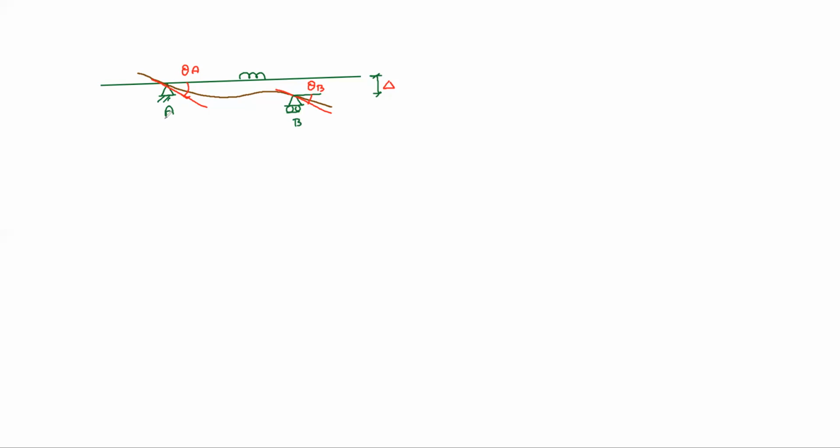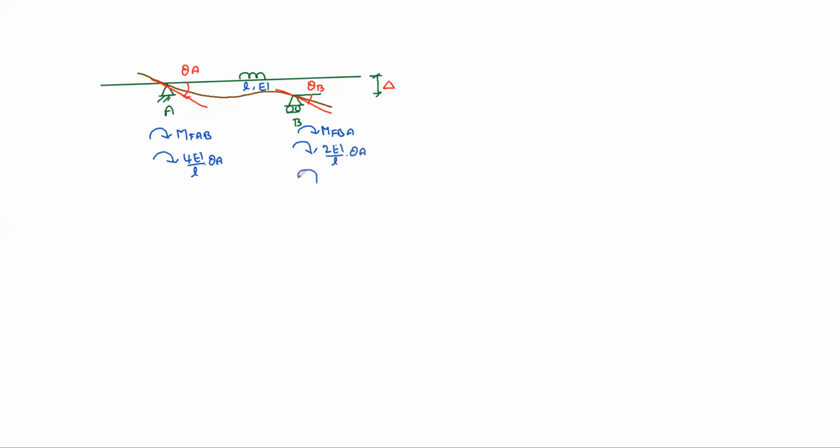So first is MFAB, MFBA. Then to make it rotate at A, you applied 4EI by L into theta A. The span is L and flexural rigidity is EI, and carry over 2EI by L into theta A developed.